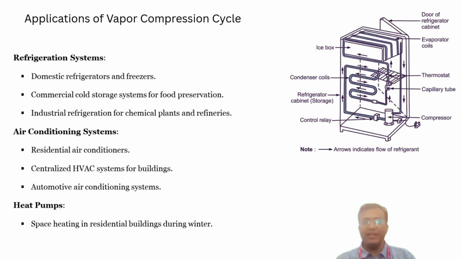Second, the air conditioning systems. The residential AC units cool our home by absorbing the indoor heat and releasing it outside. The centralized heating, ventilation, and air conditioning system in our office buildings or hospitals uses a vapor compression system for climate control, ensuring comfort and air quality.